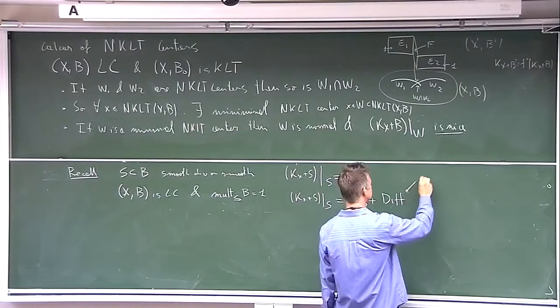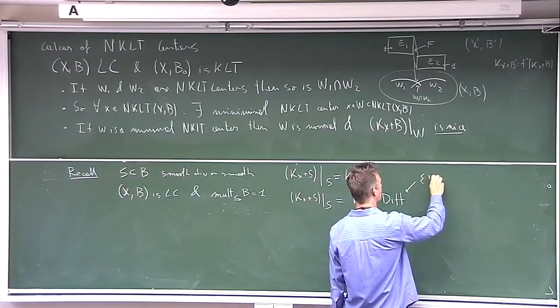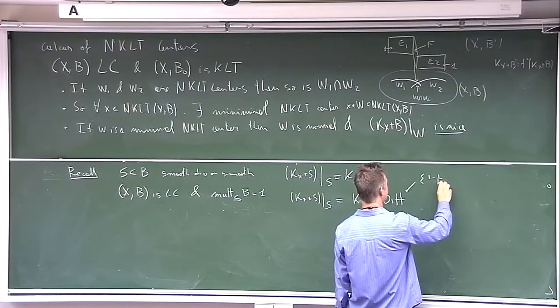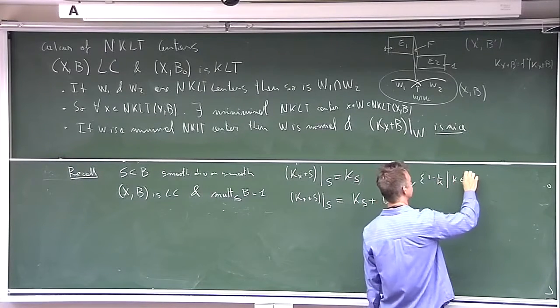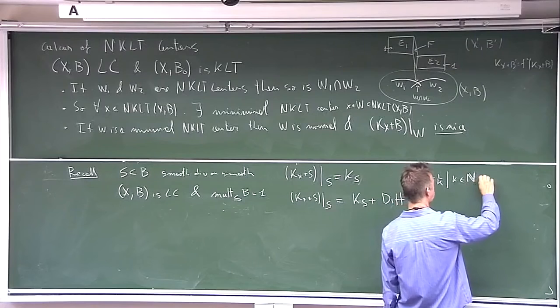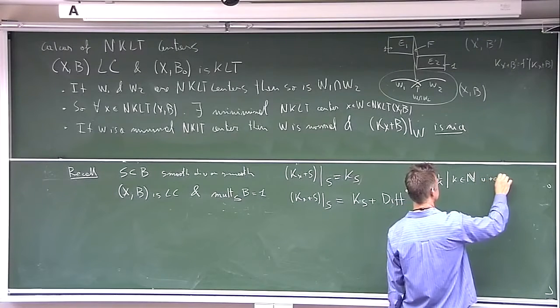And this different, I told you, has coefficients of the form 1 minus 1 over k, where k is a positive integer, or possibly infinity.